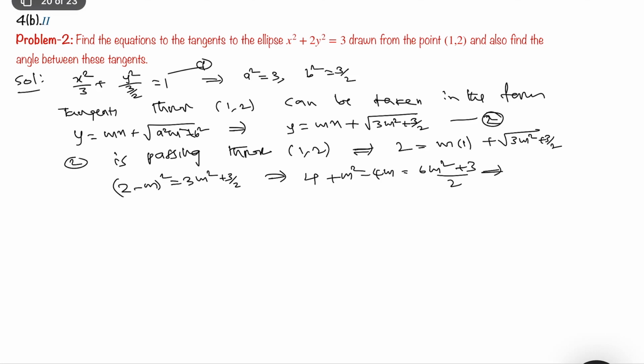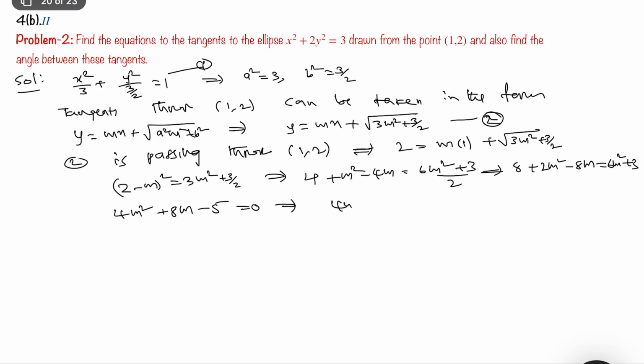So after cross multiplication I can have 8 plus 2m square minus 8m equal to 6m square plus 3. So if I take one side I can write 4m square plus 8m minus 5 equal to 0.